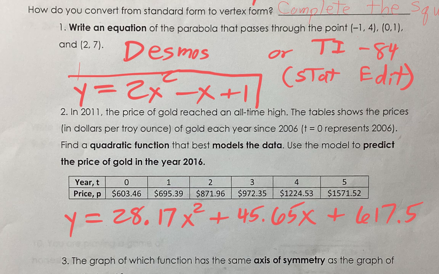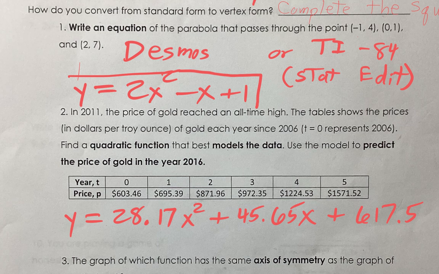When x is 0, at year 0, which is 2006, the value should have been $603.46. So I must have typed something in wrong. Okay, so it looks like the formula is correct.